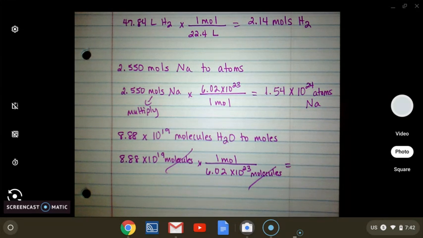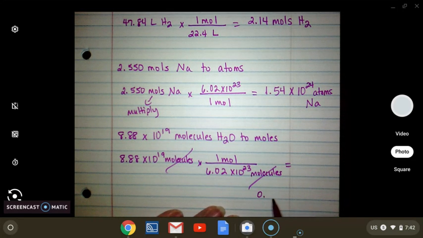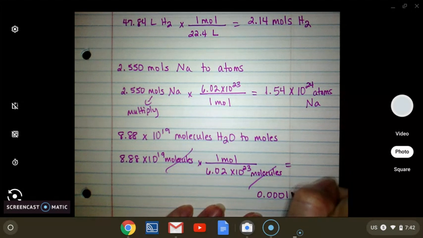So I still want you to do 2 numbers. So if you have a lot of zeros, then do 2 numbers after that. So it gives you, and I'm going to write it down here, 0.000 and it gives you 1475, and so forth. I want you to round it to 15 moles H2O.